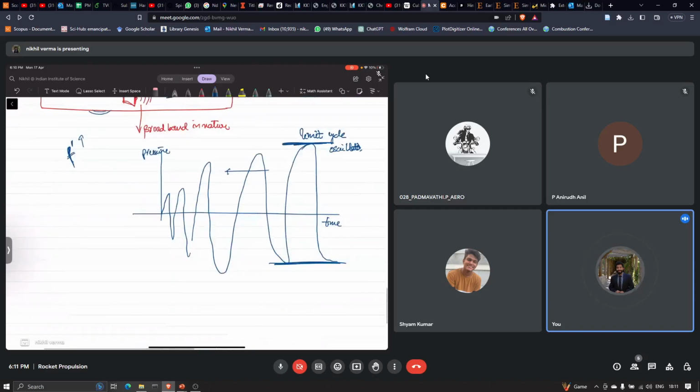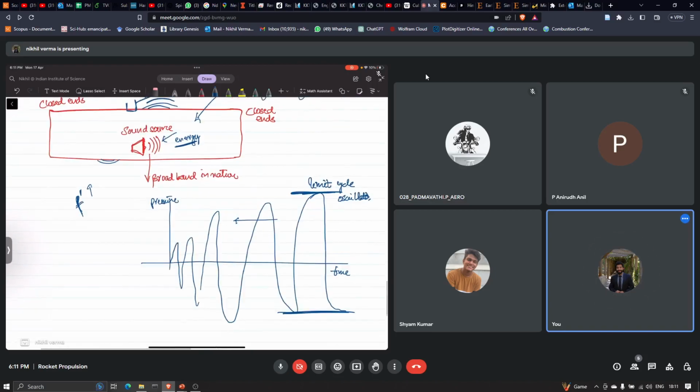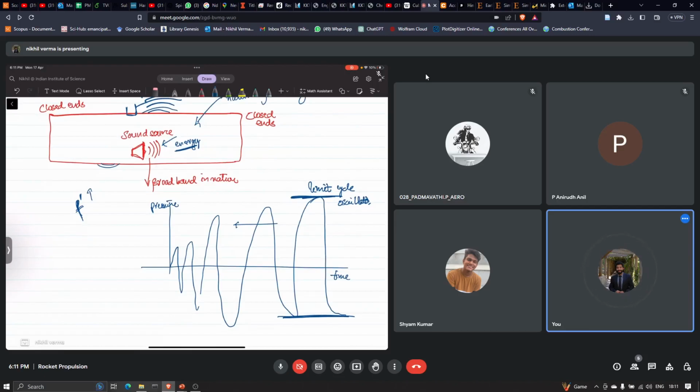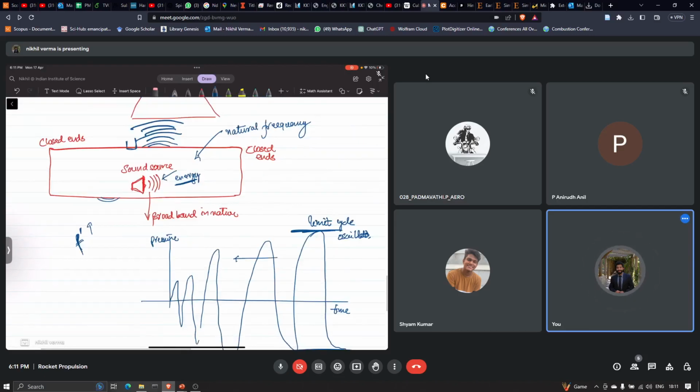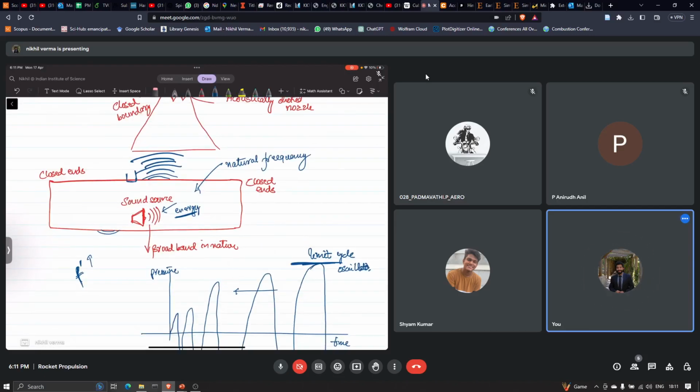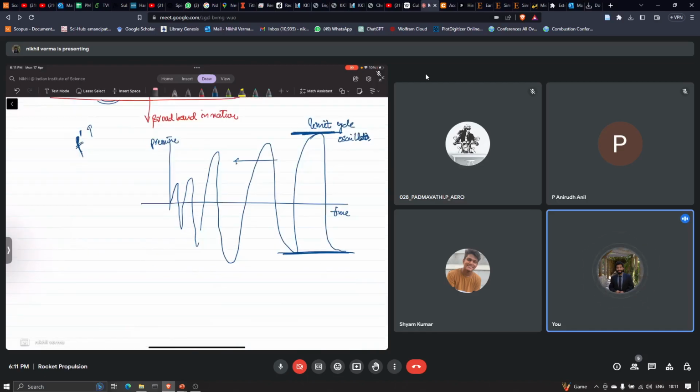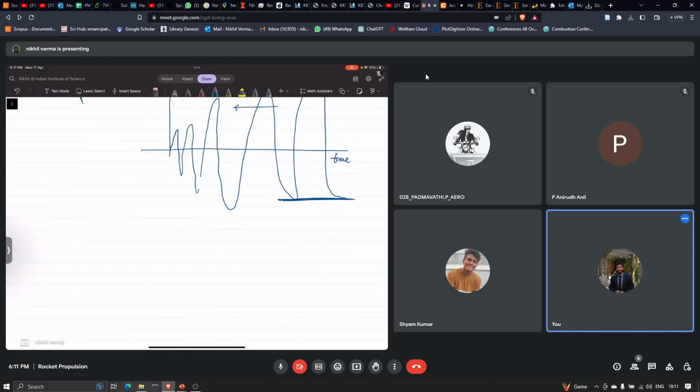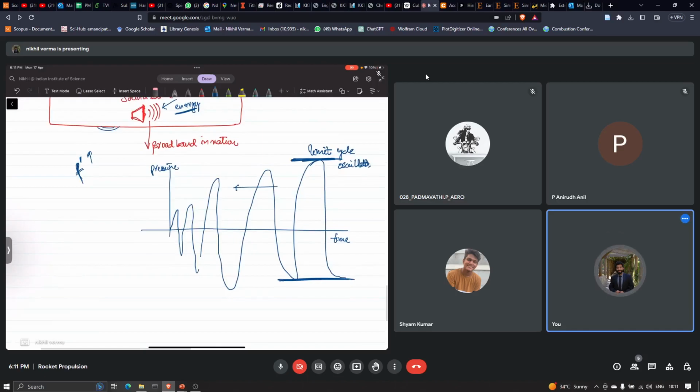Okay, so how is this dangerous for a rocket engine? If the pressure amplitude is large, the pressure inside this chamber will increase, right? At the extreme points.